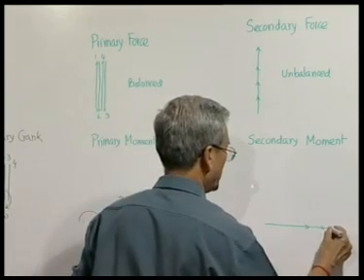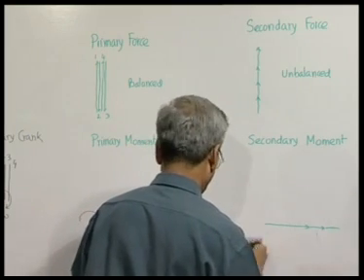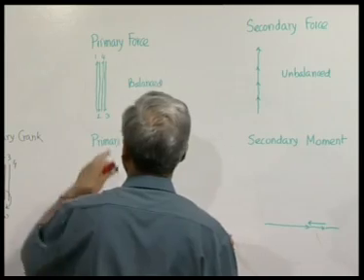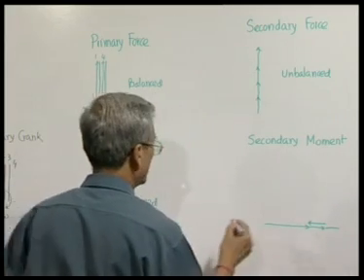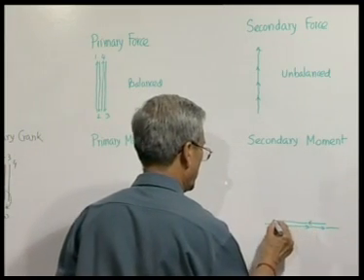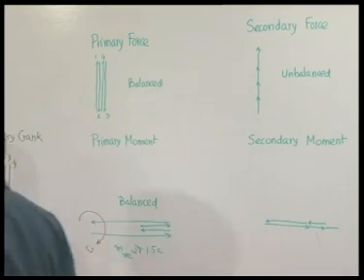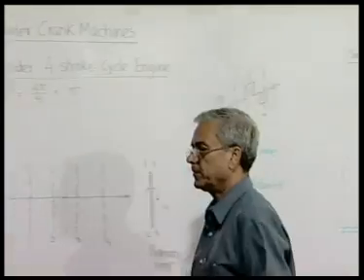So, it will produce something, and the fourth one is at the end. So, it will also produce the same. So, here again you find that secondary moments are balanced.